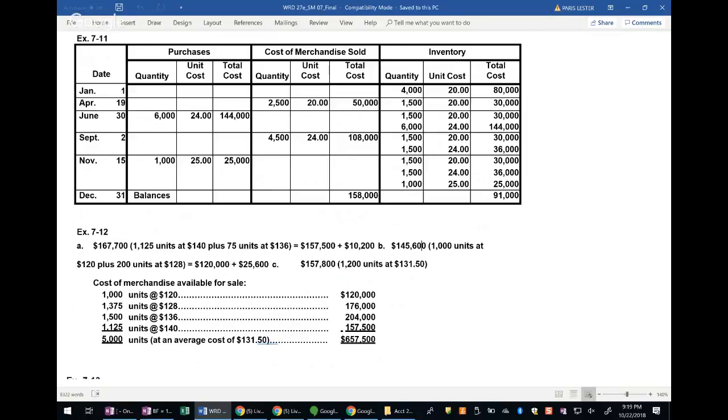Subtract ending inventory from the goods available. What does that give you? 489,800. All right, that's your cost of merchandise sold then. Okay? Keep those numbers in mind.